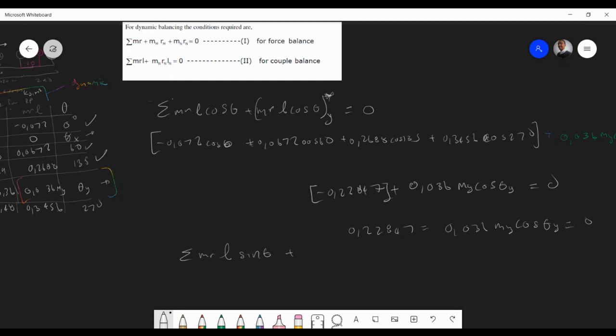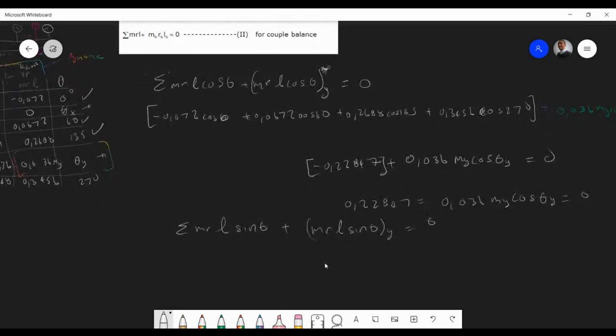So that's just the other condition now. M or L sine theta. This is all for the y. So obviously this guy we have already. Mr. Green here, 0.036 sine theta y. We equal this to 0.